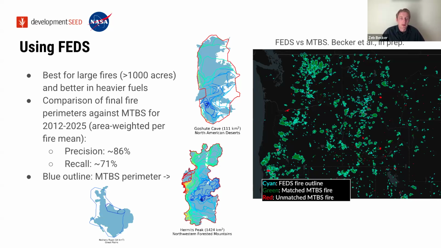So you may have to wait for NIROPS, and you may not have it in the early days of the incident, before your fire becomes a priority at the national level. In contrast, FEDS images every fire, and it does it twice a day, once around 1:30 a.m. and once around 1:30 p.m.